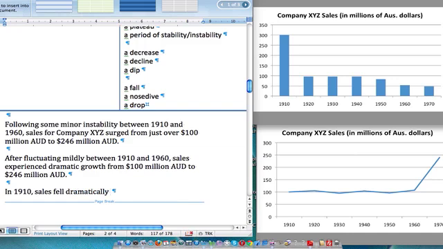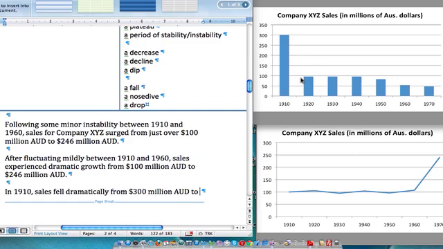Okay, sales fell dramatically from 300 million Australian dollars to... Now, what I like to do here is, when we have a period that looks like this, instead of going 1920 it was $98 million, 1930 it was also $98 million, let's just group all of this together. We'll just call it a plateau.